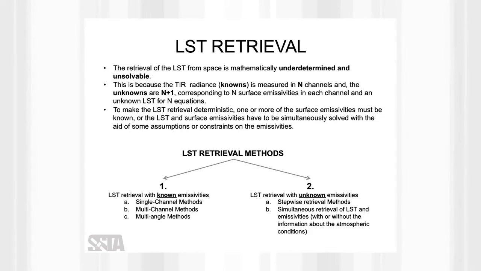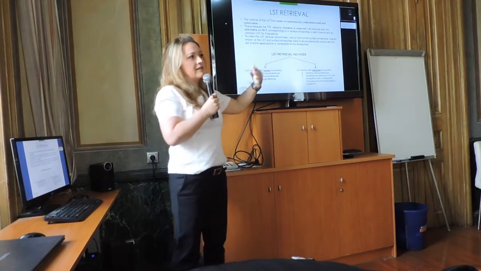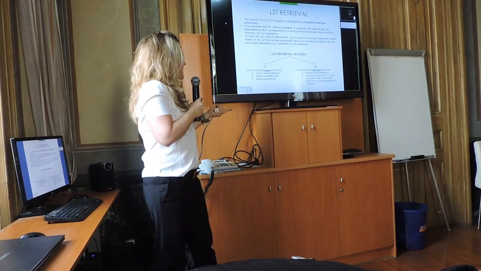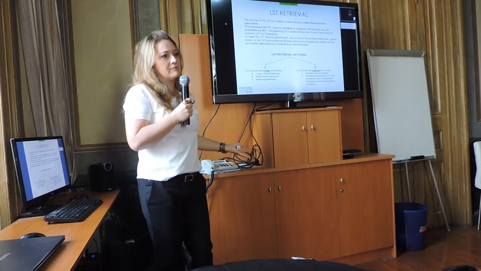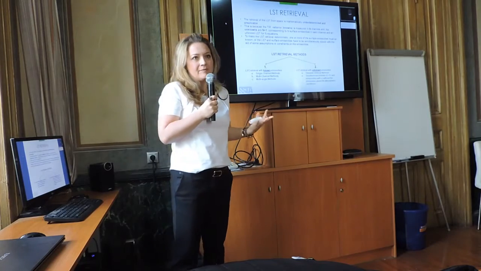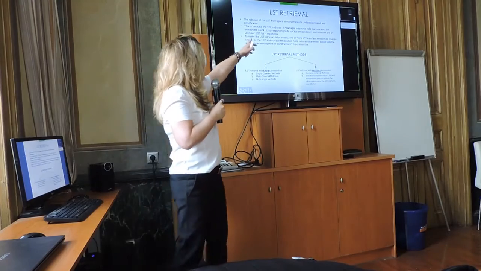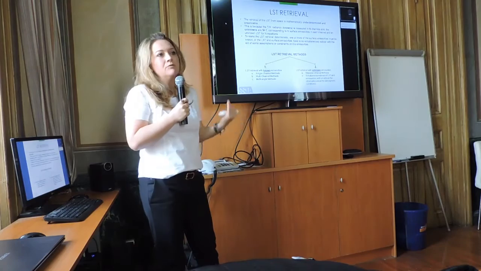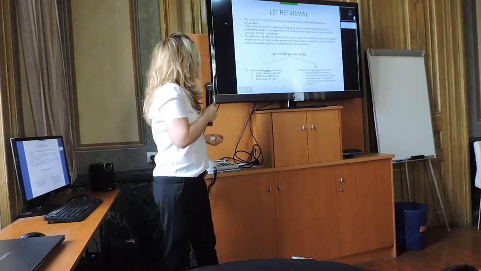Usually you have 2 channels, for example. And the unknowns are n plus 1, because you would have n surface emissivities, one in each channel, since the emissivity is a function of the wavelength, and LST. LST, of course, does not change with wavelength because LST is the temperature of your object. So you have n for the emissivities, where n is the number of channels, plus 1, which is basically what you want to measure, your land surface temperature.